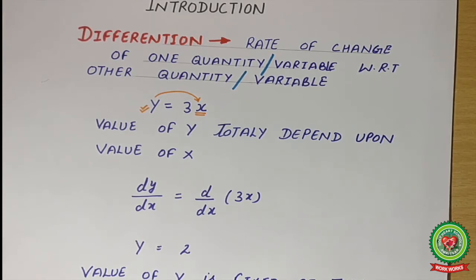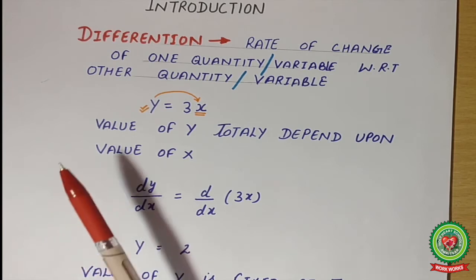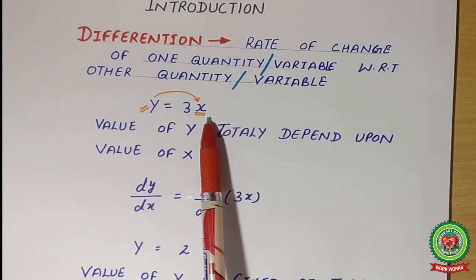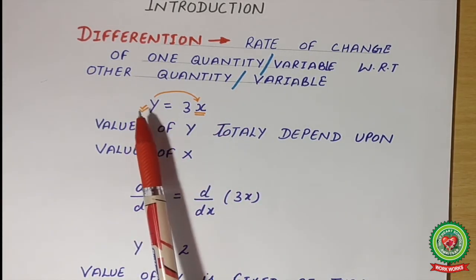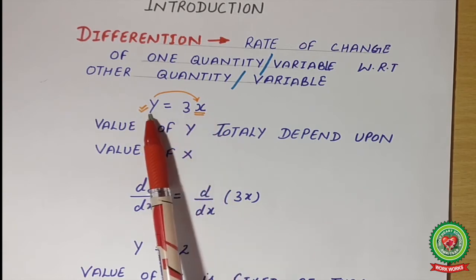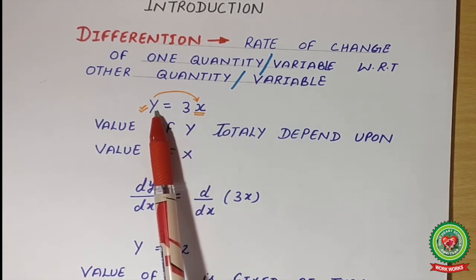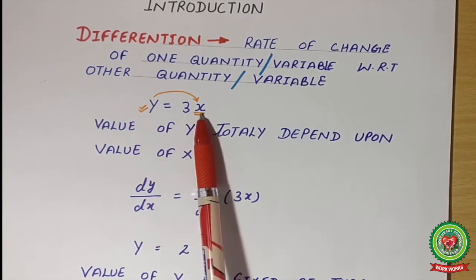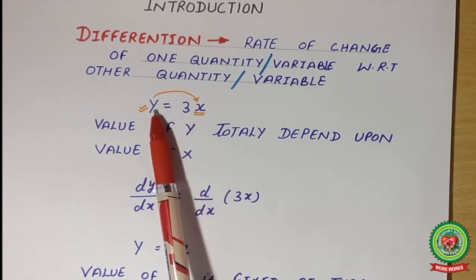If I take one simple equation, y is equal to 3x, the value of y is totally dependent on the value of x. Whatever value of x I take, y will give the answer accordingly. If I take x as 1, the value of y will be 3.